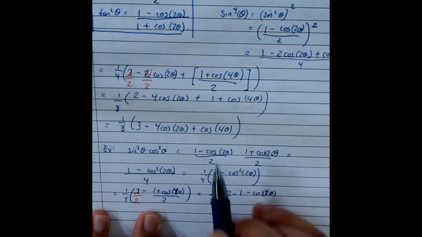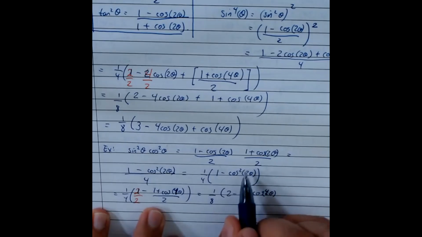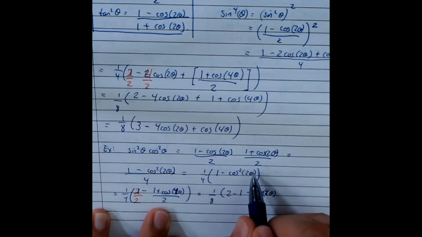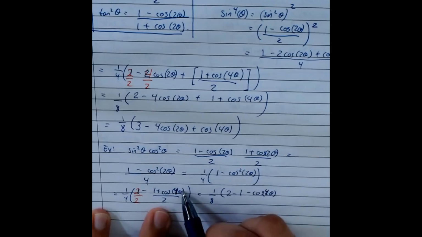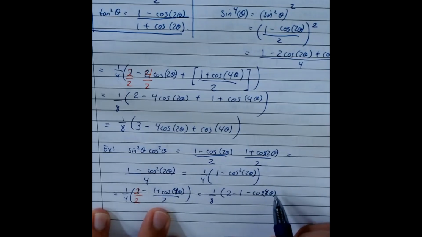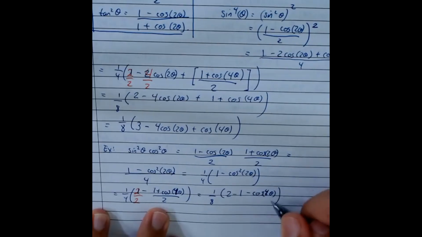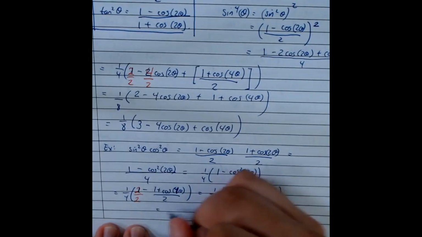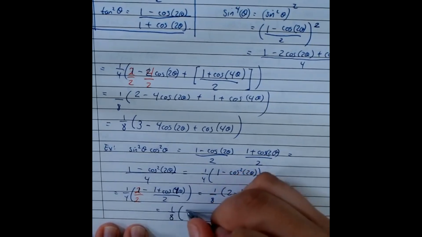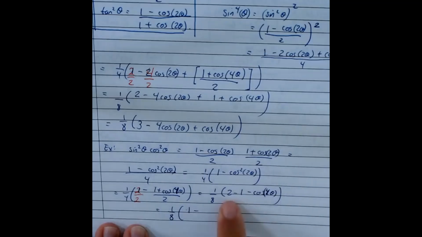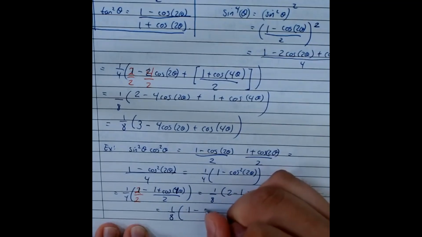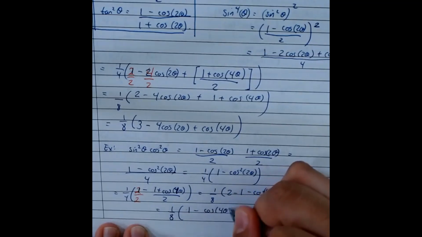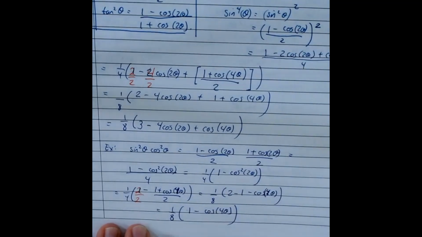But once we use that power reduction formula again from here to here, the power 2 goes down to power 1, that angle 2 theta should double again to give me 4 theta. So here that should be 4 theta, not 2 theta. And so in the end, 2 minus 1 is 1. So this will give us 1/8 times 1 minus, that's a 1, minus cosine of 4 theta. And that is our result.